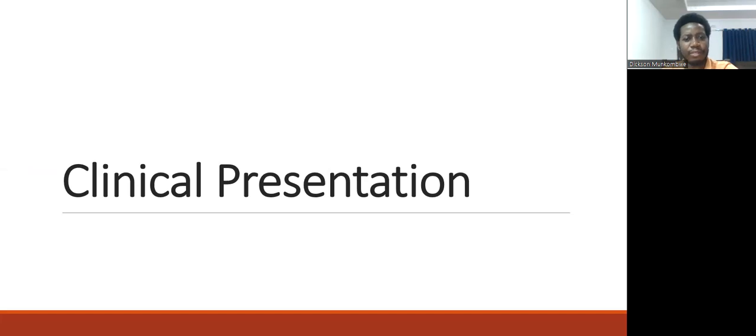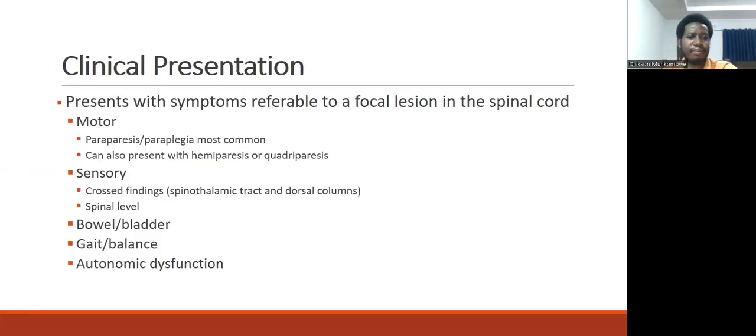So how do spinal cord disorders present? The presentation of symptoms is referable to a focal lesion in the spinal cord. The motor manifestations are mainly paraparesis or paraplegia as the most common one, but can also present with hemiparesis or quadriparesis.